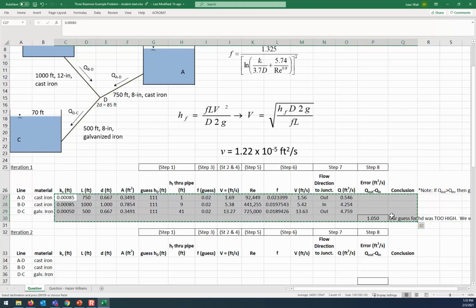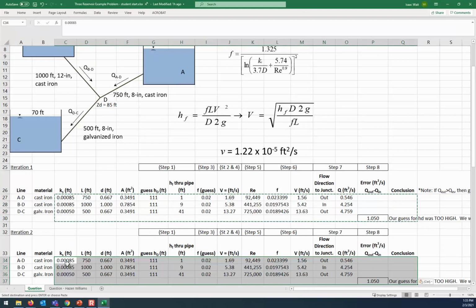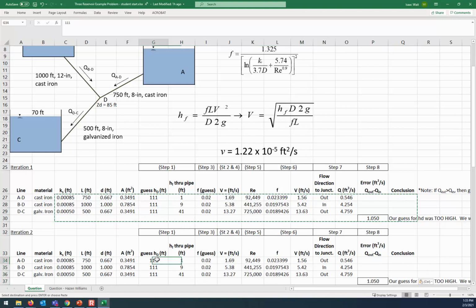Control C, and then click down here, and we're going to paste with Control V, and it repeats everything exactly, but we can do some updates. So the first update is we've got a new guess head value. Our new guess, we said we're going to do 109.